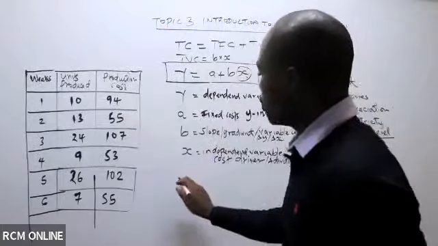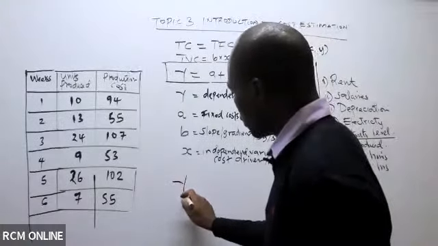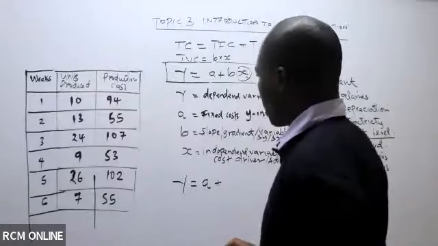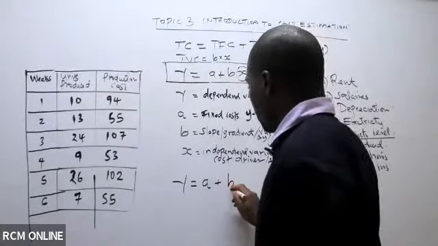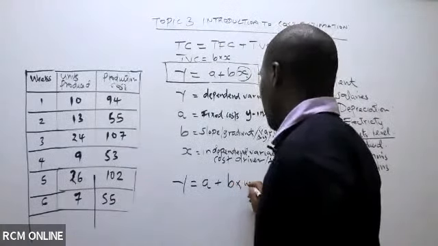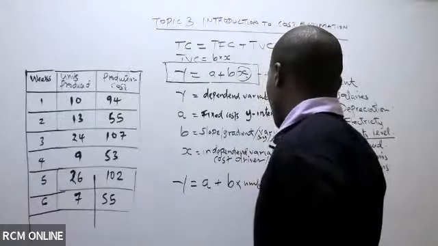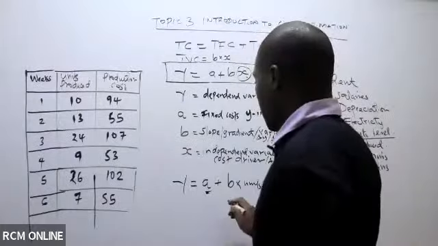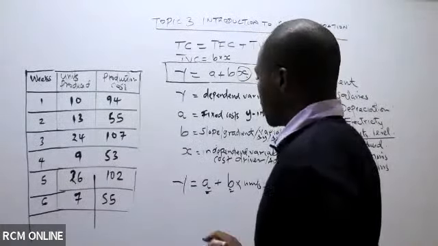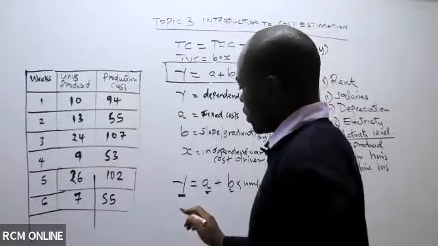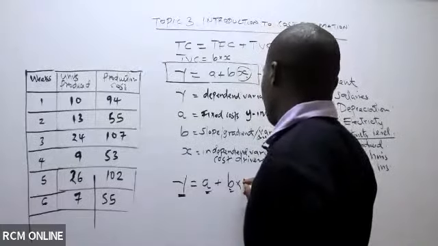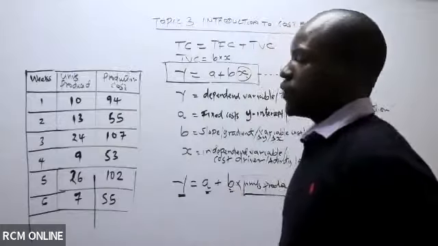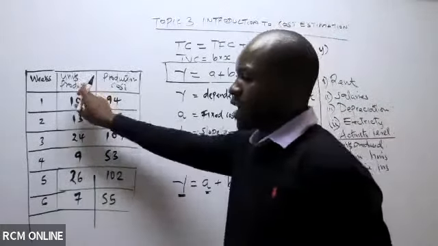Our cost function, which is this one here, total production cost, is equal to total fixed cost plus variable cost per unit multiplied by units produced. So this one is constant. This one is constant, which means any change in y will be as a result of change in what? Change in units produced, which is x. So this is the independent variable.